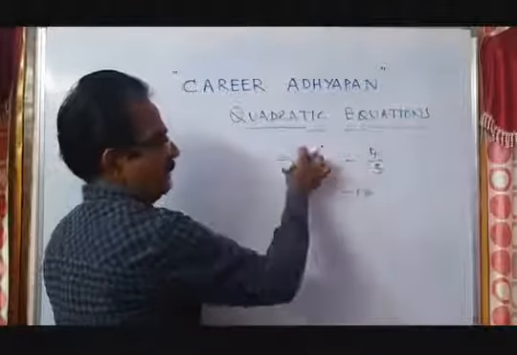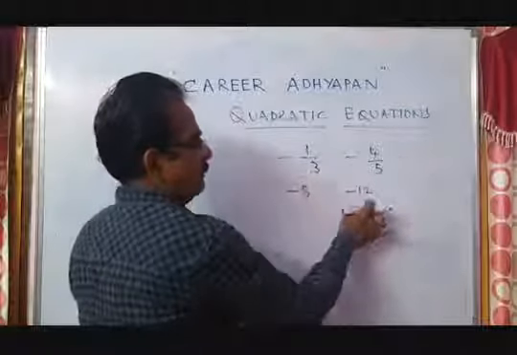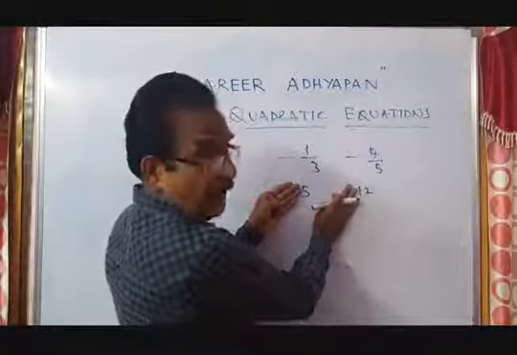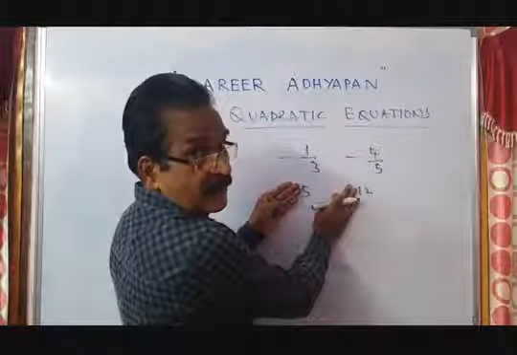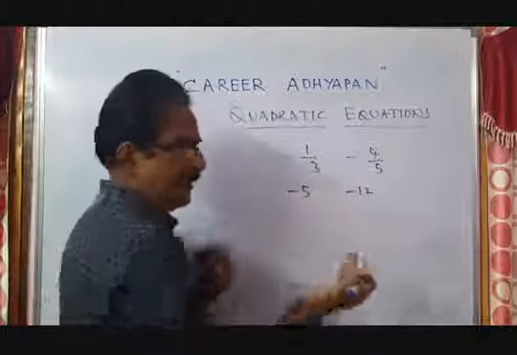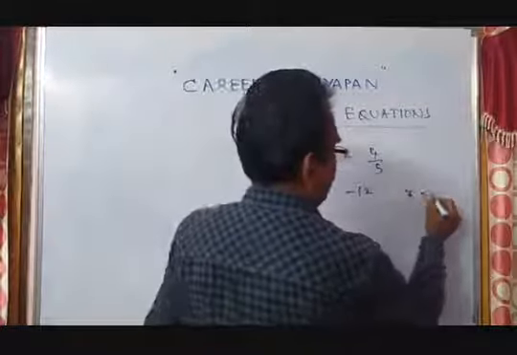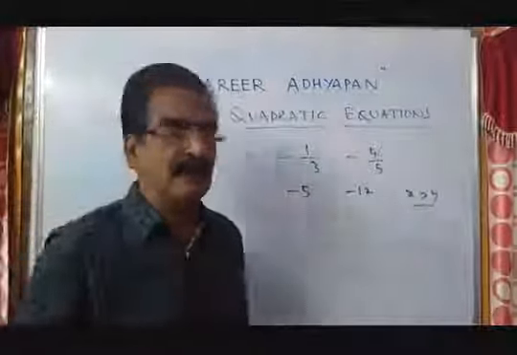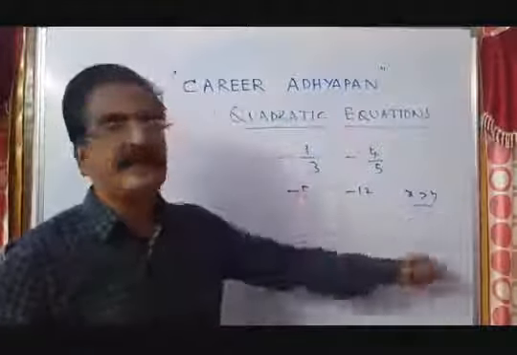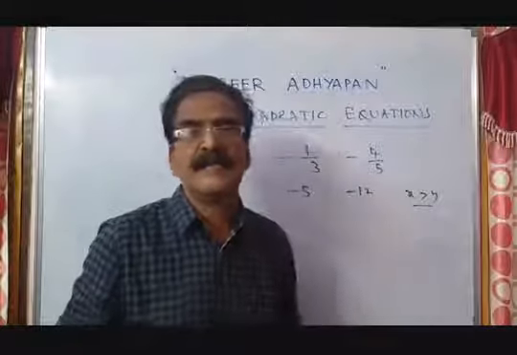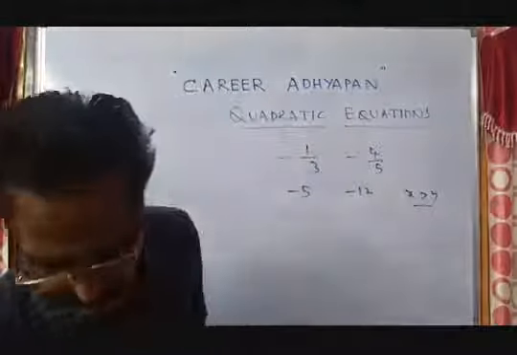So this is minus 5, this is minus 12. So x is less than y if you absent the minus. So if minus is there, x greater than y. So you can use this shortcut technique. You can quickly establish the relation between x and y.